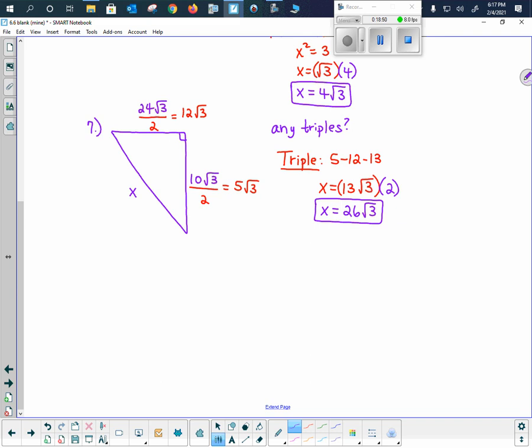You can do Pythagorean theorem to prove it to yourself, but guys, get used to the triples. We're trying to make it shorter for you. Okay? So notice I will quit probably writing, are there any triples, and just start asking myself that. Okay, so I wouldn't actually end up with that in my work.